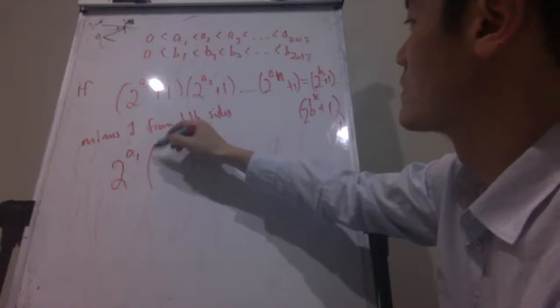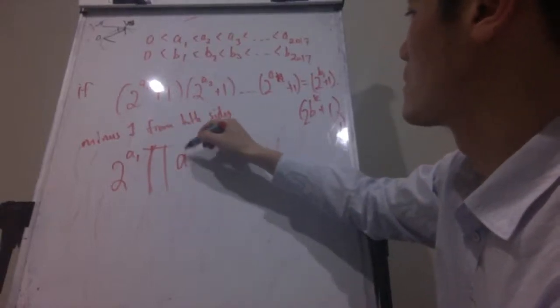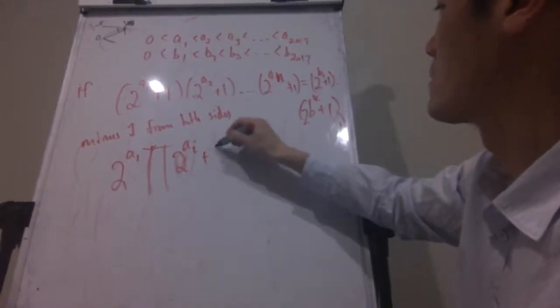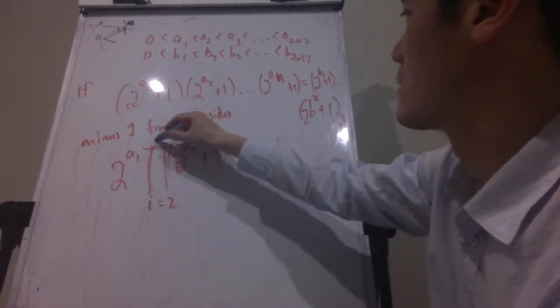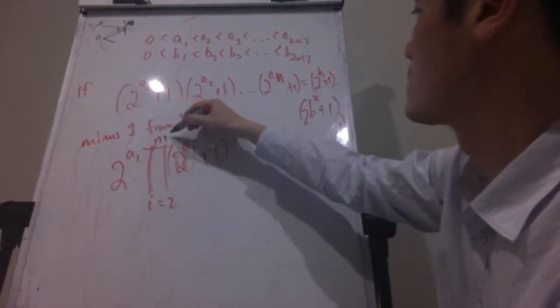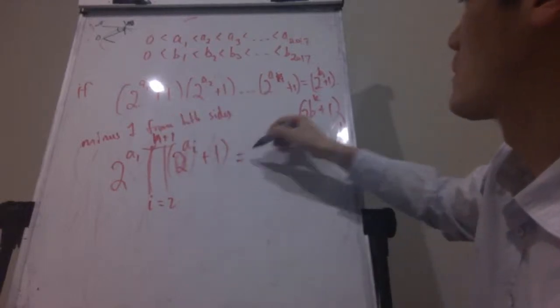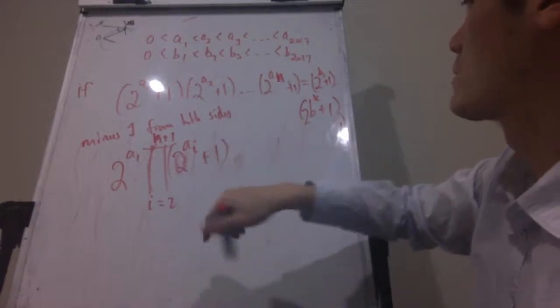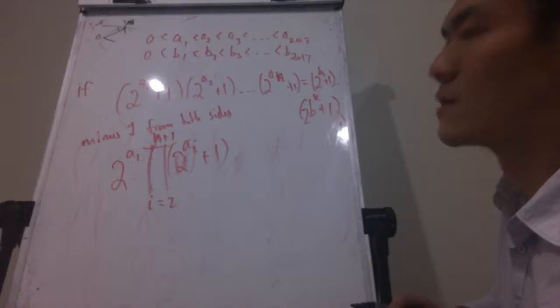Outside of the product, so this is outside of the product. 2 to the a plus 1. This is i equals 2. So m plus 1, okay, plus 1. Wait, right now isn't it just a k? Isn't it just a k?